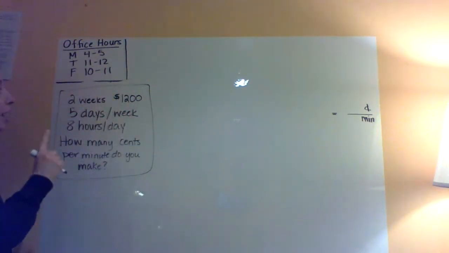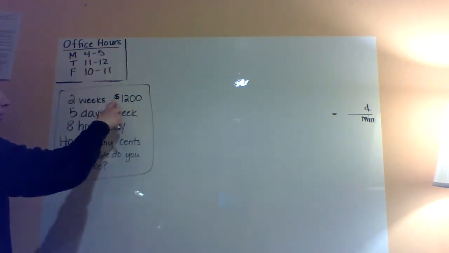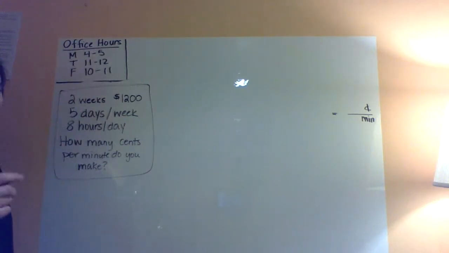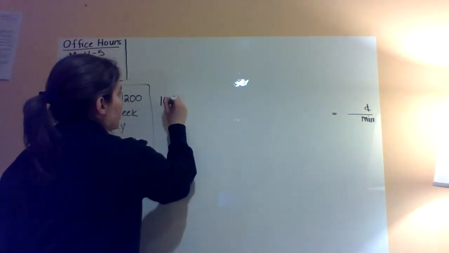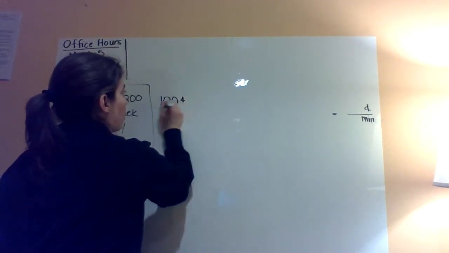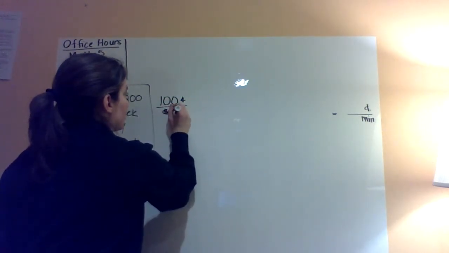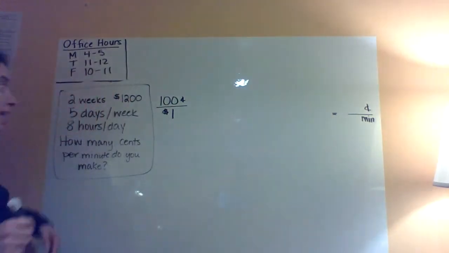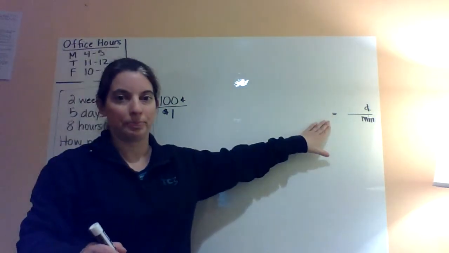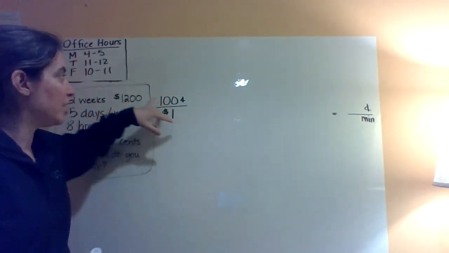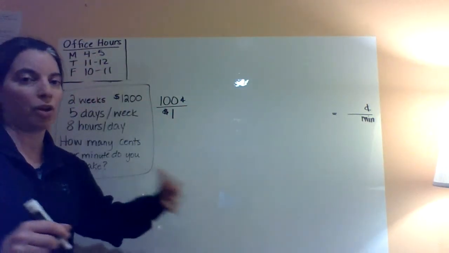Okay, but sort of outside information that I can pull in, I see something about dollars, and I know that dollars and cents are related. So if I want to start with something about cents here, I'm going to say that I know 100 cents is $1. And that's related to this somehow, because I'm starting out with dollars and I have to get down to cents. Okay, so this is just a piece of information that is always true.